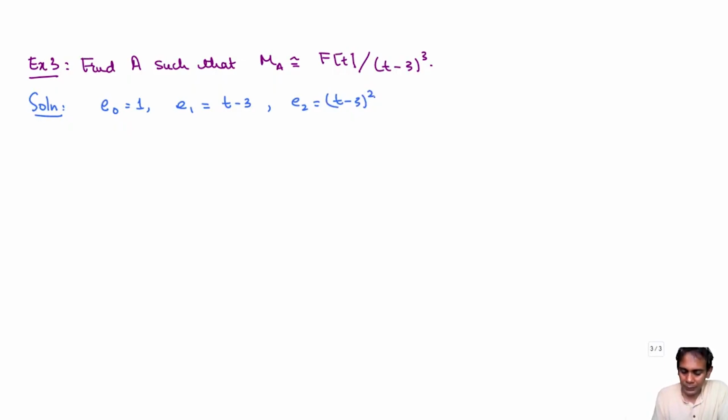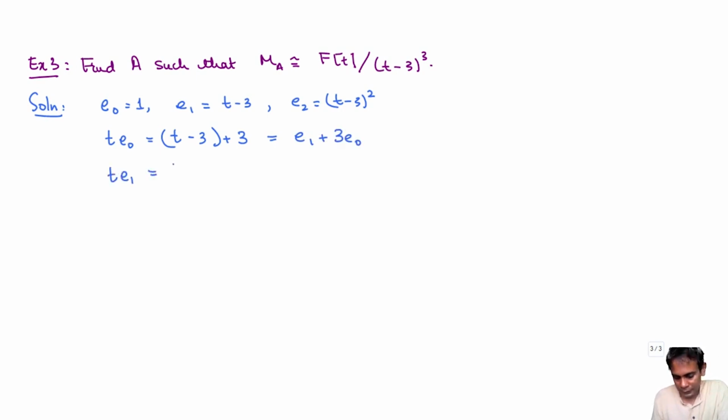And then what I get is t times E0, well, it's t, but I need to expand in terms of this basis E0, E1, E2. So I can write this as t minus 3 plus 3, which is E1 plus 3E0.